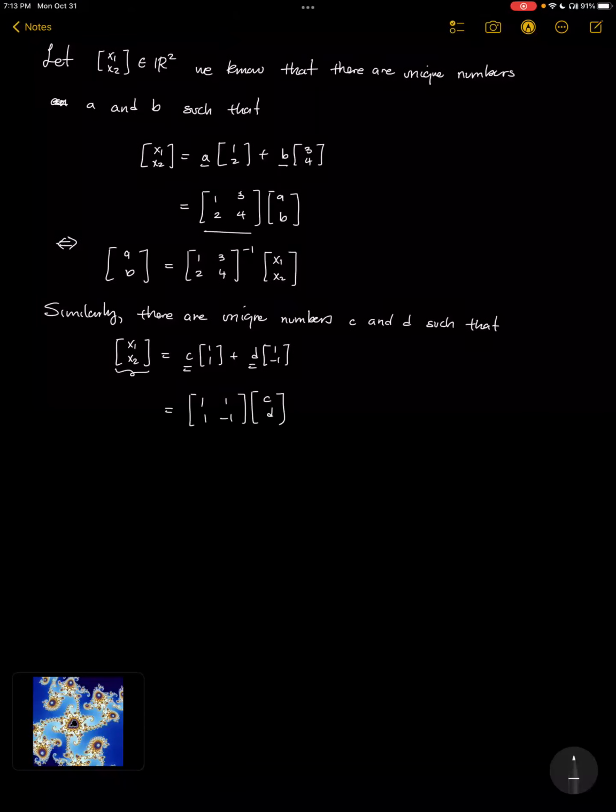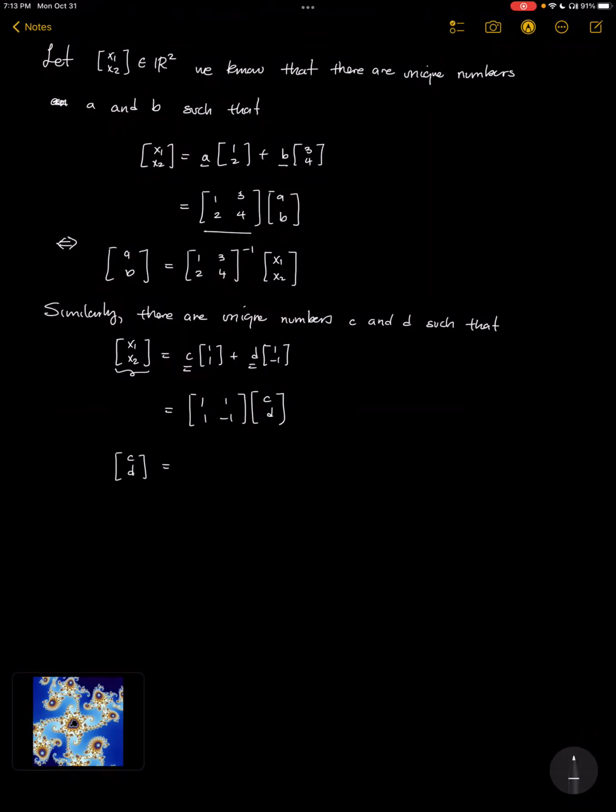So once we have this available, I would say something along these lines. (C, D) is equal to [1 1; 1 -1] inverse times (x1, x2). So look, this is now what I'm going to incorporate.